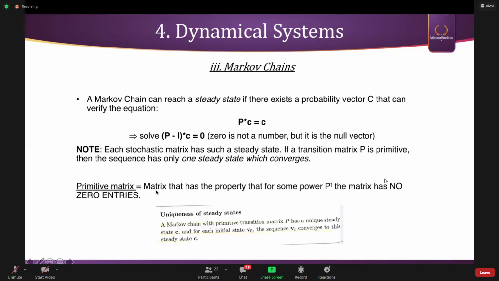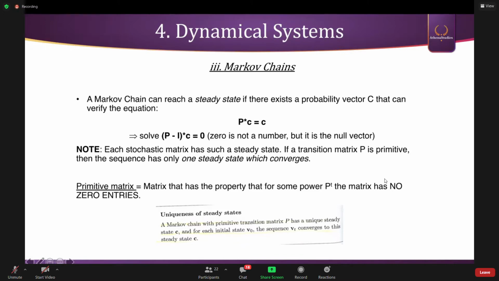Okay. Please pay attention that each stochastic matrix has such a steady state. So for every stochastic matrix, we can find a steady state. If a transition matrix P, however, is primitive, then the sequence V0, V1, V2, the sequence of probabilities, has only one steady state, for which we say that it converges.